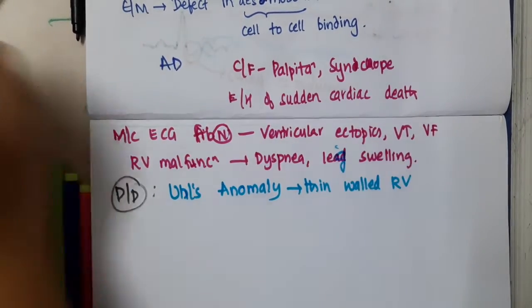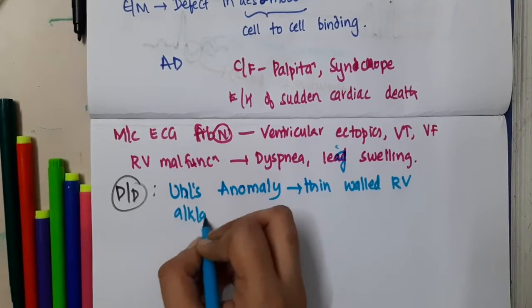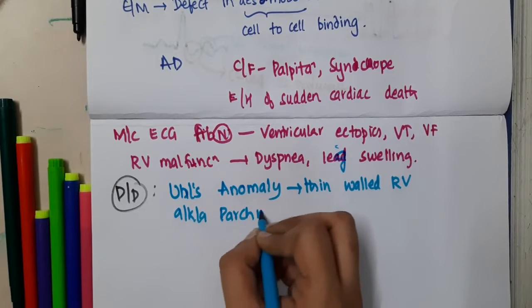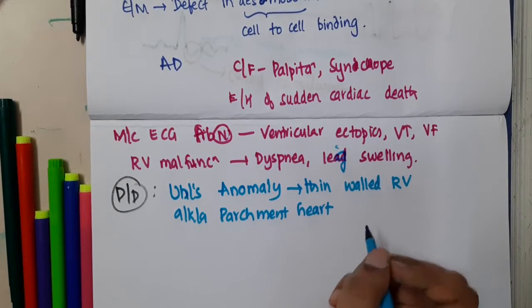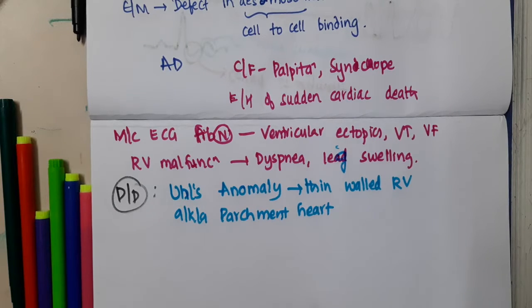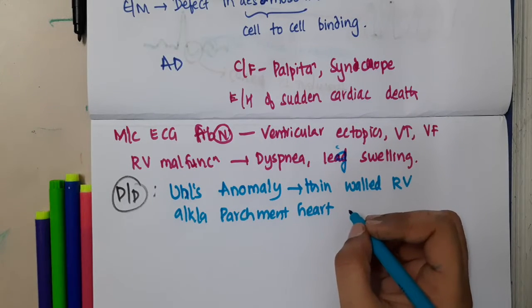Because of the thin-walled right ventricle, we also call it parchment heart.